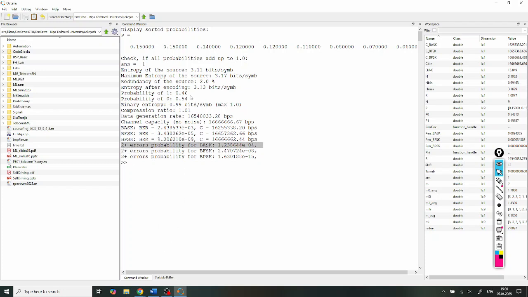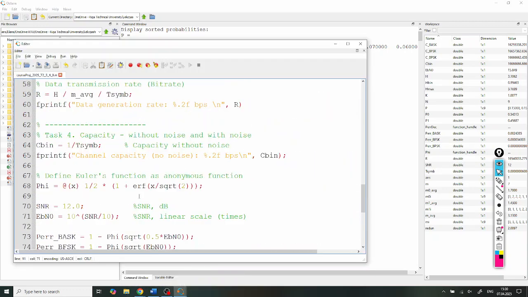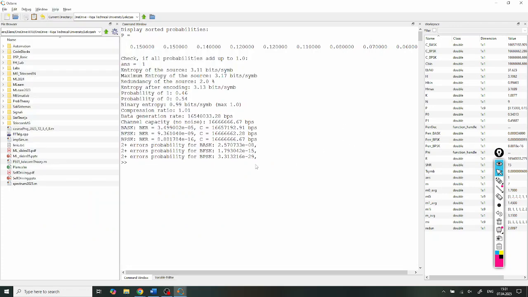But again, this depends on the signal to noise ratio, SNR, because if I were to specify an SNR of 15 decibel, the situation will change significantly. Now we see that even amplitude shift keying shows an exceptional result, but that's for a code length of 7.